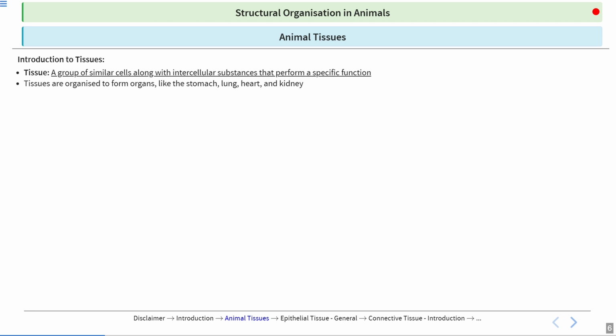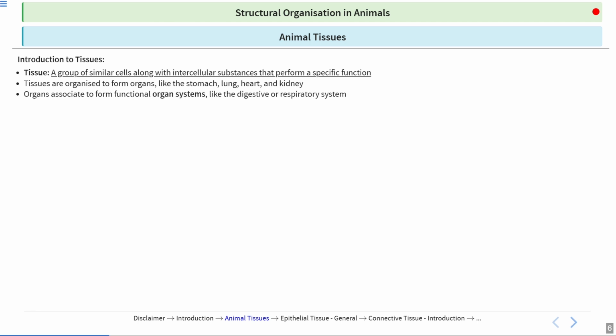Lung, this is another organ. Heart and kidney, right? So these are the names of the organs. And if you see the organ, they are made up of different types of tissue. There is epithelial tissue, there is muscular tissue, right? So many types of tissue unite together to form an organ.